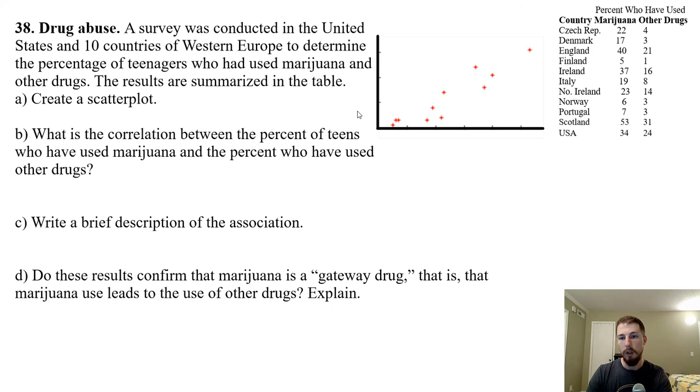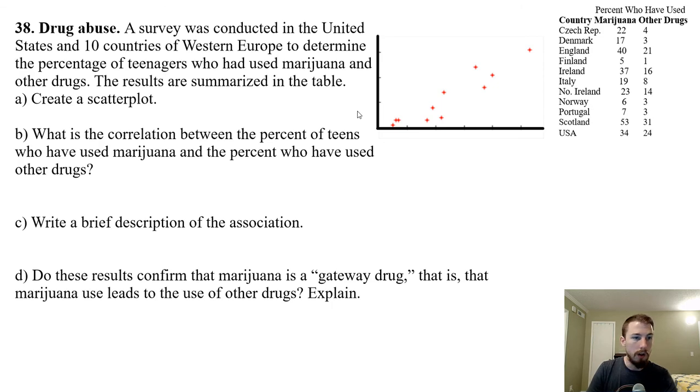So perhaps people are using other drugs and that leads them to use marijuana. I have no idea. So without a carefully designed experiment, we can't make conclusions that have anything to do with causal relationships, unless we have a carefully designed experiment with randomization, which of course we're going to talk about in the unit on gathering data, which will be the next unit we talk about because it's really important to statistics.